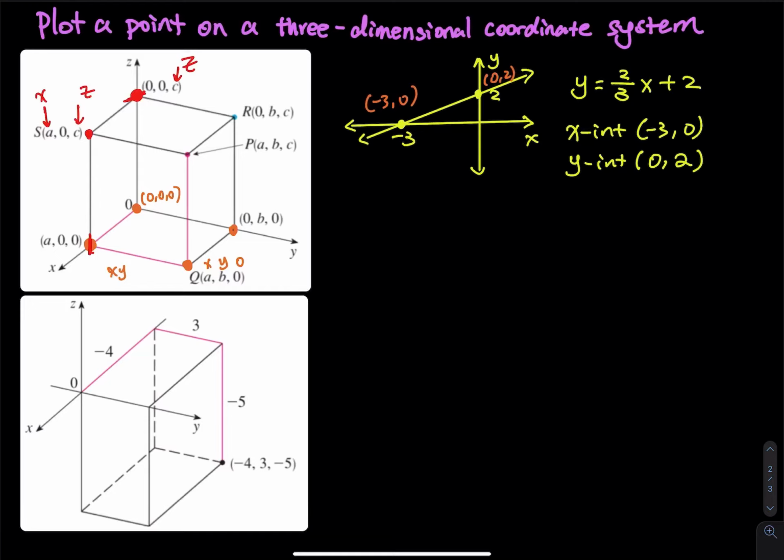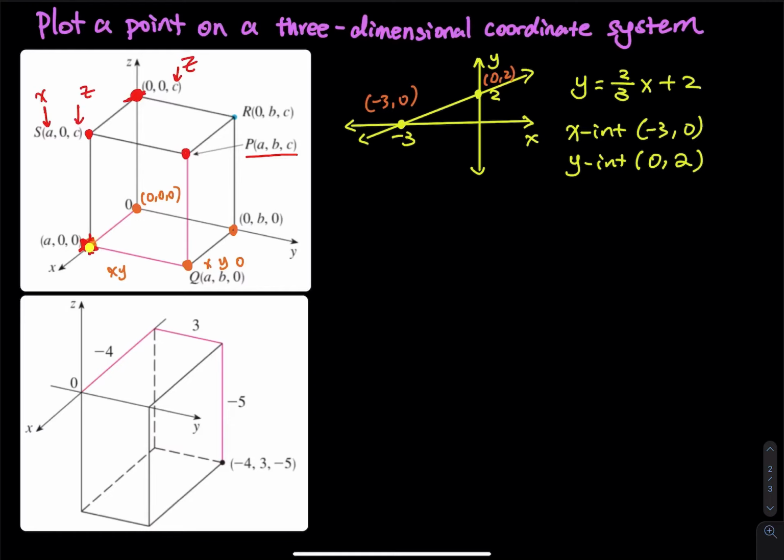And then the next point that I want to look at is right here. How do you get to this point? This point has a, b, and c, all some value, because this point is not on the x, y, or z axis. So of course, we have some value for x, y, and z. We go x units, which we call a right here. Let me use a pointer.